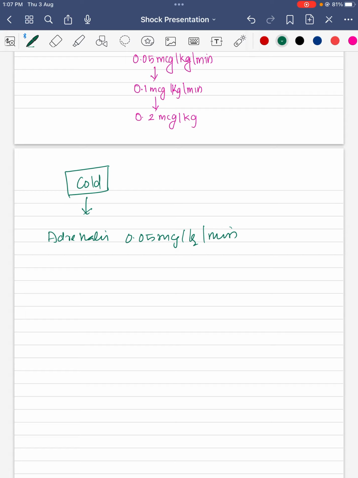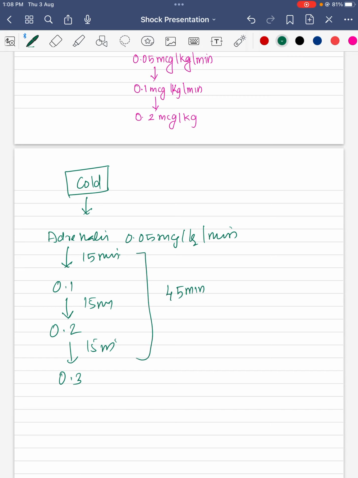Then next what to do? Next nothing to do, just wait for 15 minutes, increase to 0.1, wait for another 15 minutes, increase to 0.2, increase to 0.3. So 15, how much? 45 minutes. This much clear?